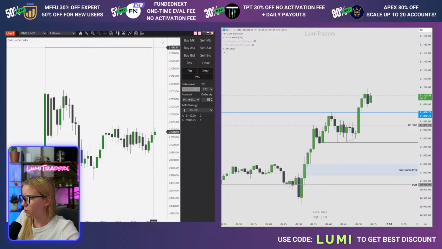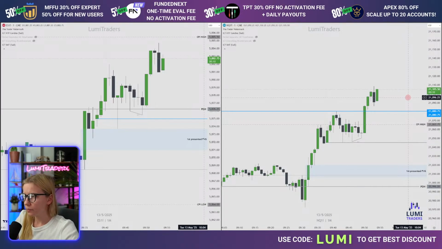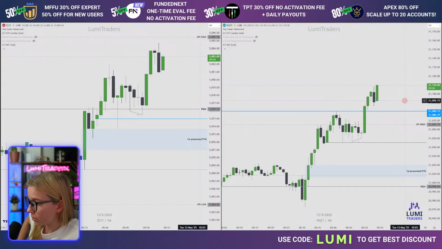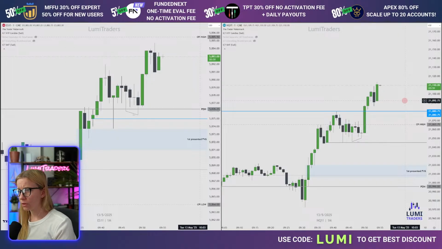So pretty much the same price, like maybe 1 point different, but that's it. Nope. Oh, yes? Okay. Yeah, we took CPI high on NQ, MNQ as well, but it failed to take this level. Oh, 064. Yeah, not a big difference, like 1 point.